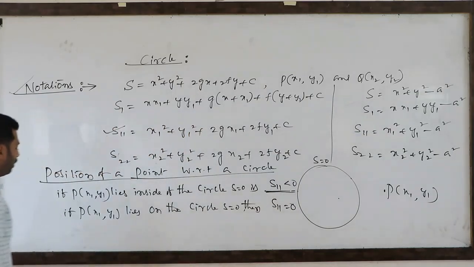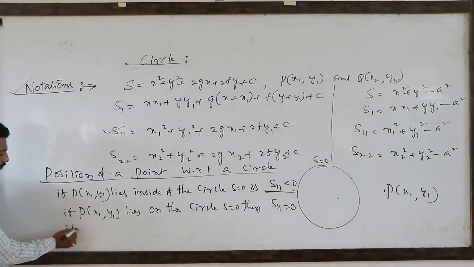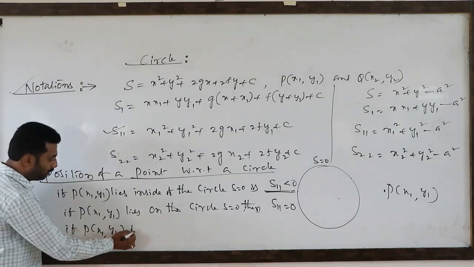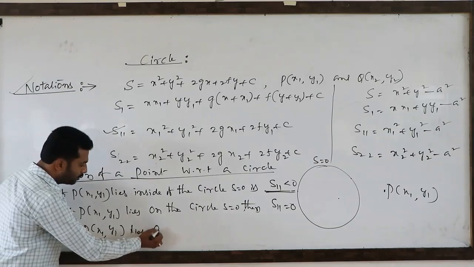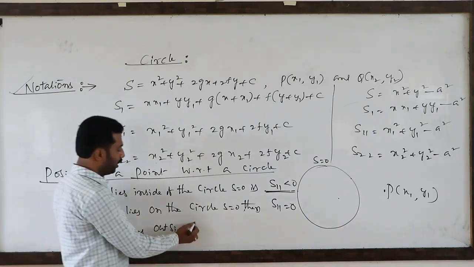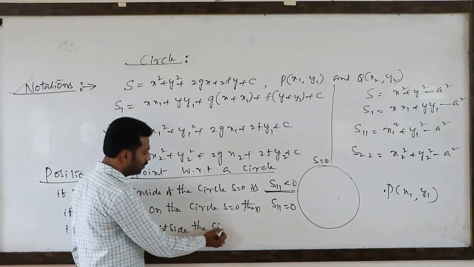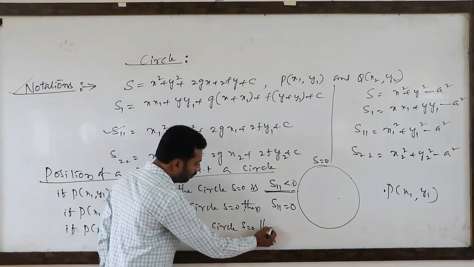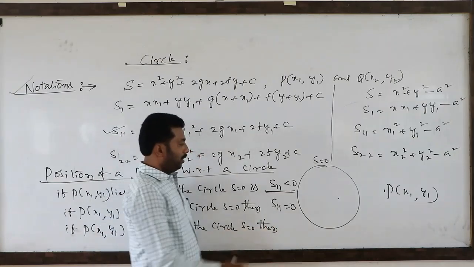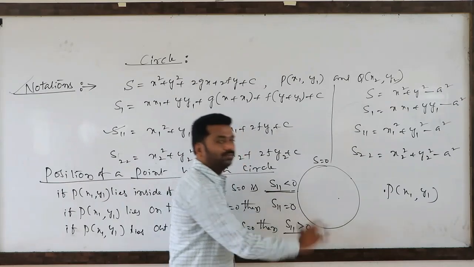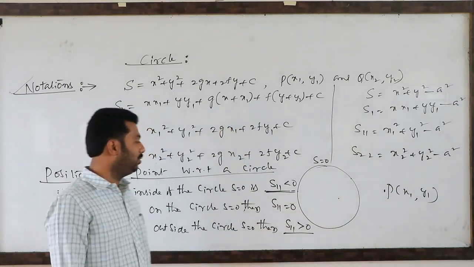Next, suppose P of x1 comma y1 lies outside the circle S equal to 0, then S11 must be positive.